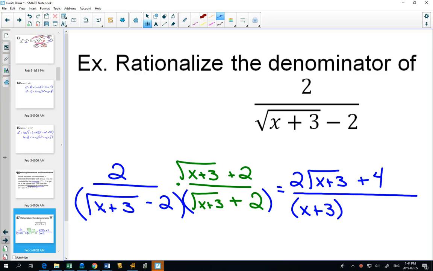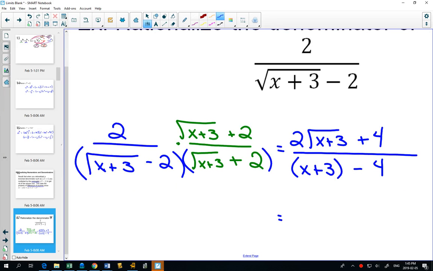And I will get the last ones multiplied together, which will be minus 4. And so this simplifies to 2 root x plus 3 plus 4 divided by x minus 1. And now we no longer have a square root in the bottom of our fraction.